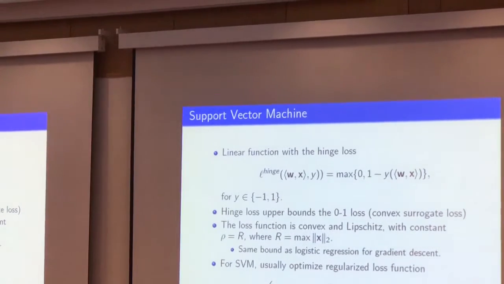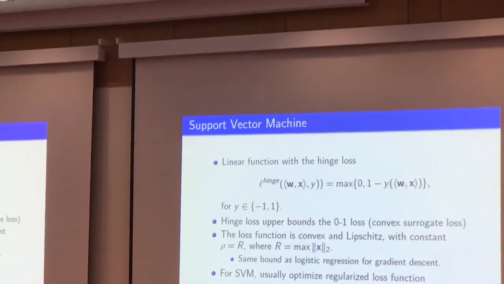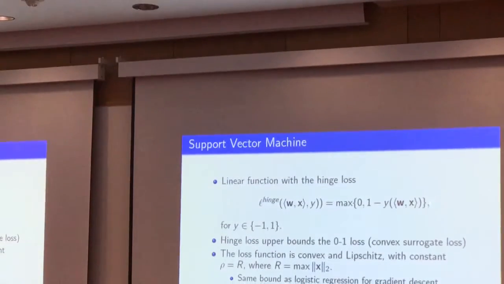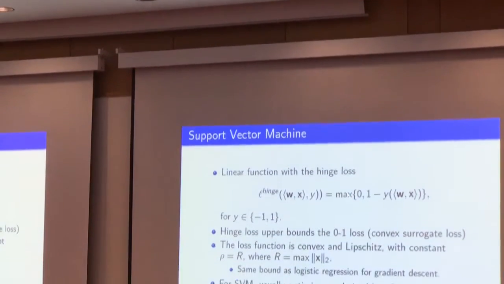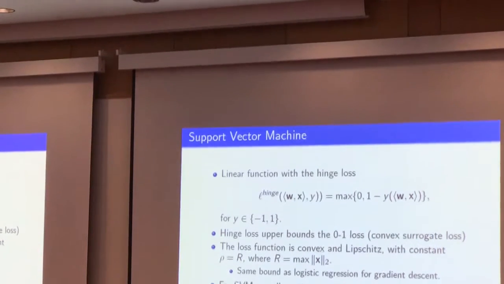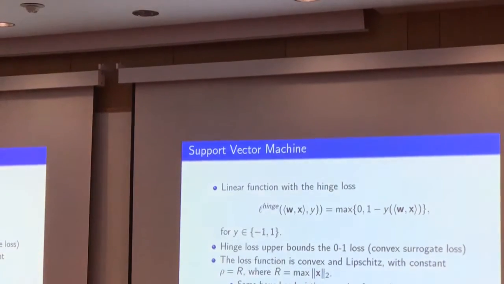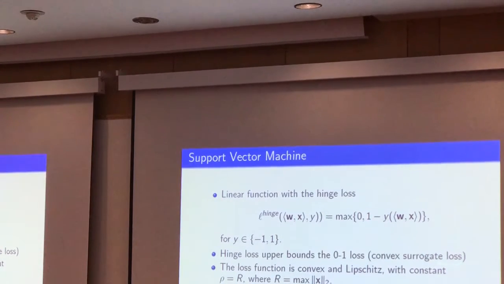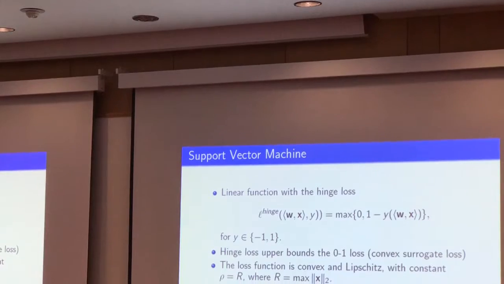Support vector machine is very similar to logistic regression, except we use the hinge loss. Hinge loss is max of 0 and 1 minus y times u·x. Again, the hinge loss upper bounds the 0,1 loss, so it's a convex surrogate loss.